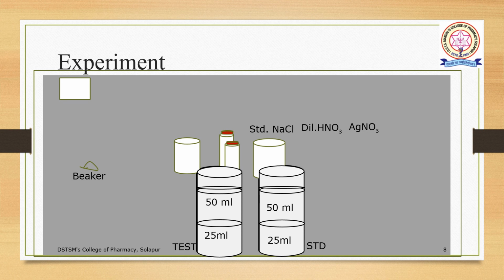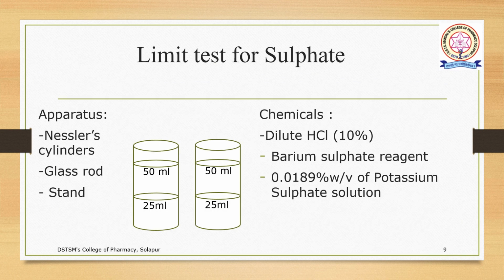If the opalescence produced in the test solution due to the reaction between chloride impurity and silver nitrate is less, then this sample passes the limit test. If it produces more opalescence, then this sample does not pass the limit test. Then we'll see the limit test for sulfate.